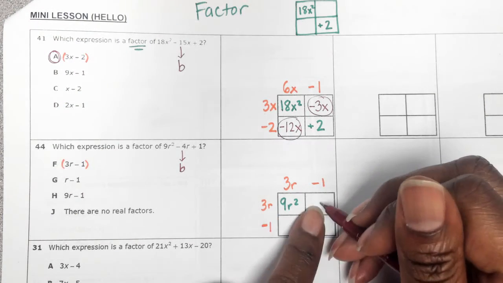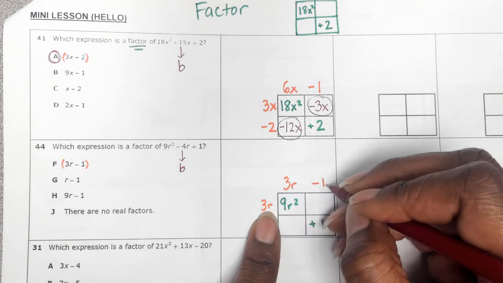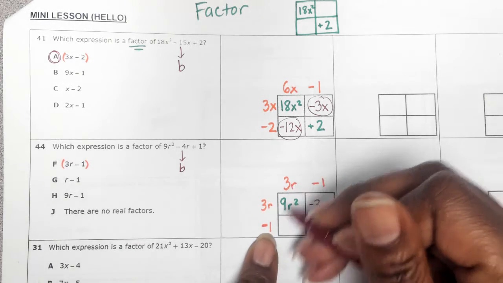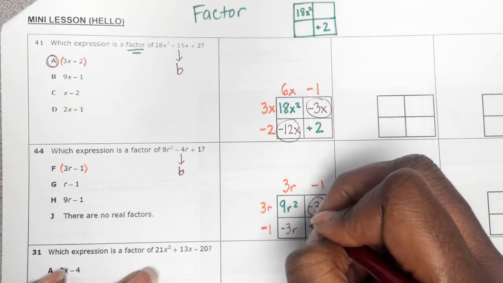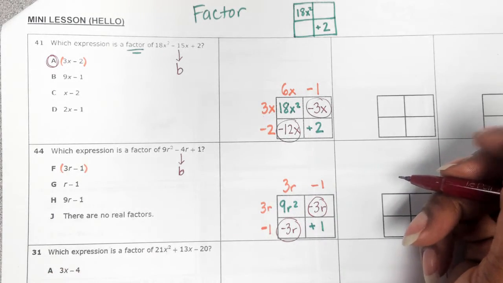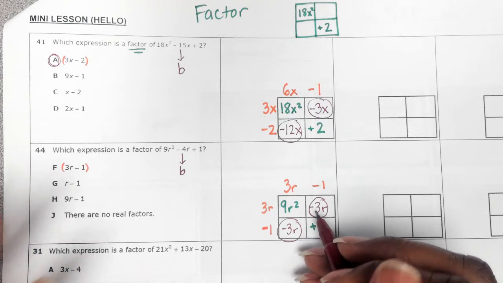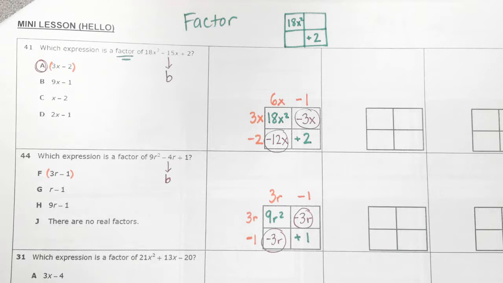So 3r times negative 1 is negative 3r, and 3r times negative 1 again is negative 3r. Do those two add up to the B value? No, they actually make negative 3 plus negative 6, but we need a negative 4 for the B value. So it can't be F.